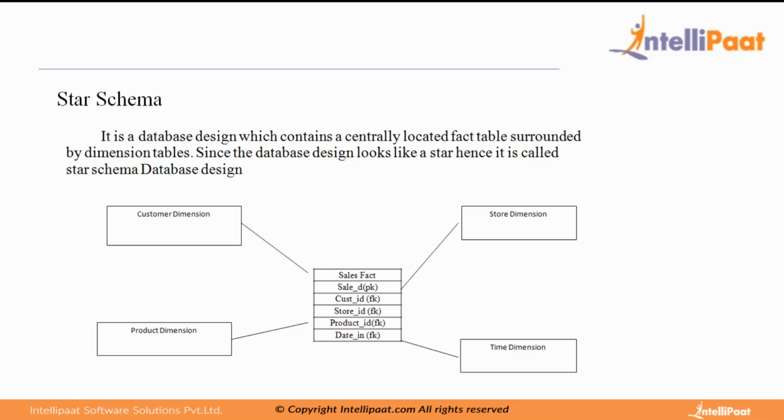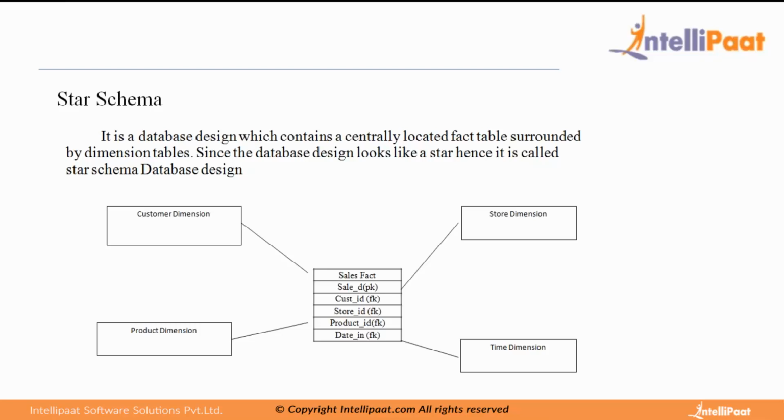As I had told you, the data model which we are using here is a dimensional model. We have the concept of facts and dimensions. We have some fact tables and some dimension tables. These are the two basic objects of a dimensional model. And how we relate them decides what kind of schema you are using.